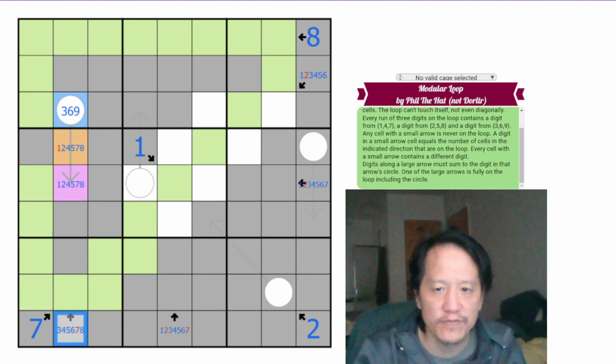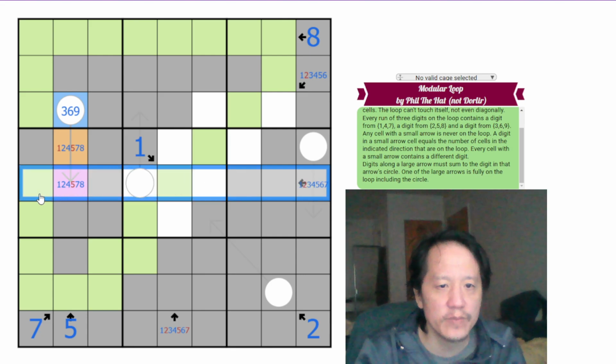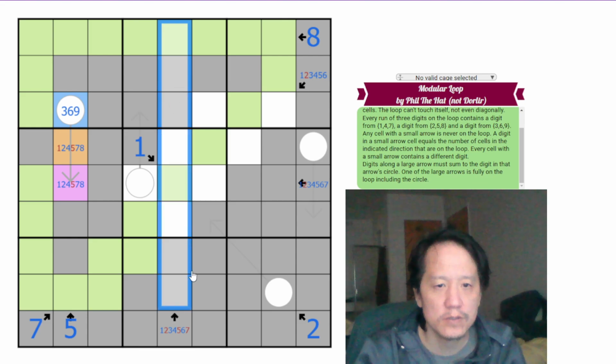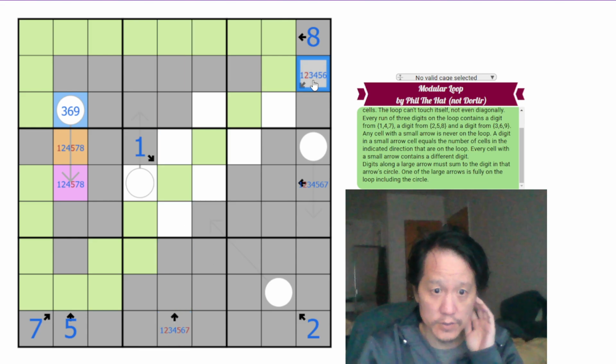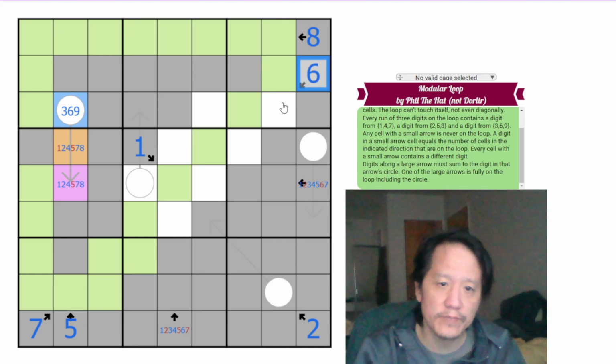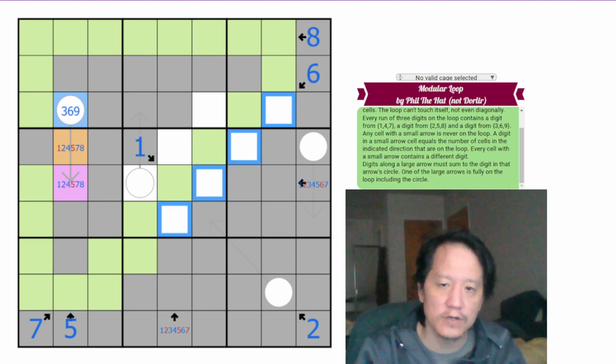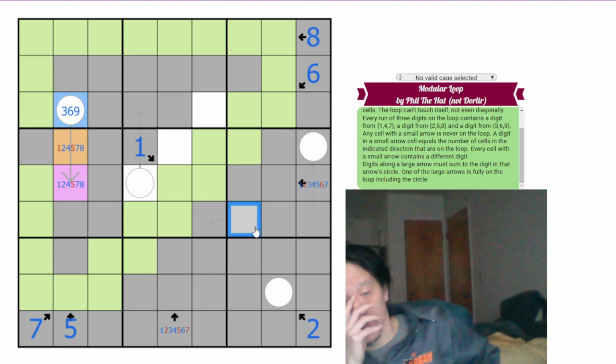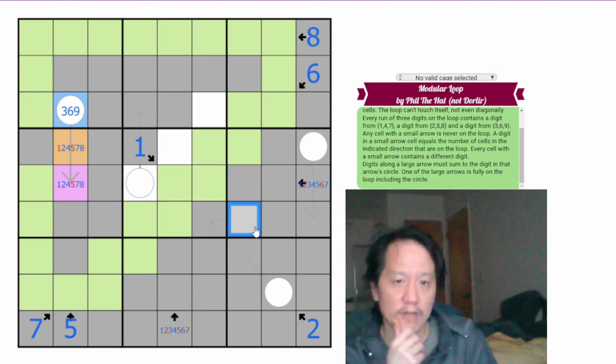So this has to be 5. This is at most 4. This is at most 4. So this has to be 6. Right? Which means all of these are. Huh. That was actually a lot closer than I thought.